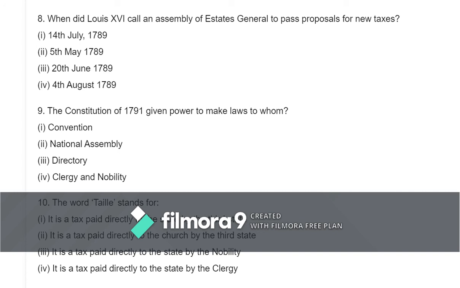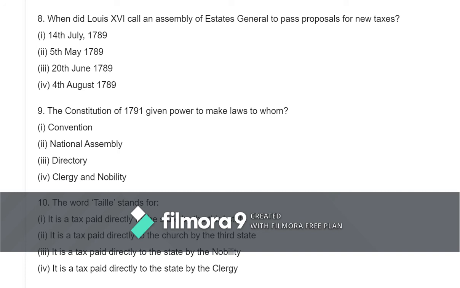Now, last but not the least, the question is, the word taille, many people say tile also, stands for. So basically there were two main taxes which were collected from the third estate. One was taille and one was tithe.